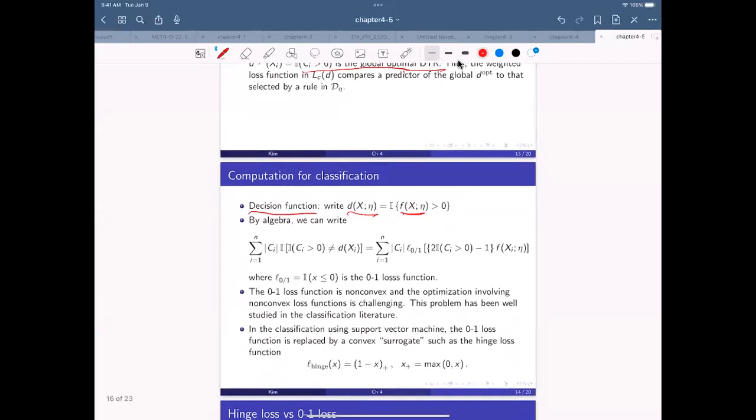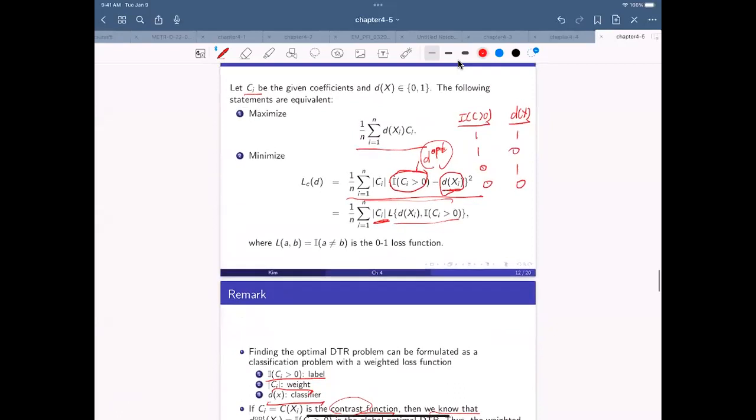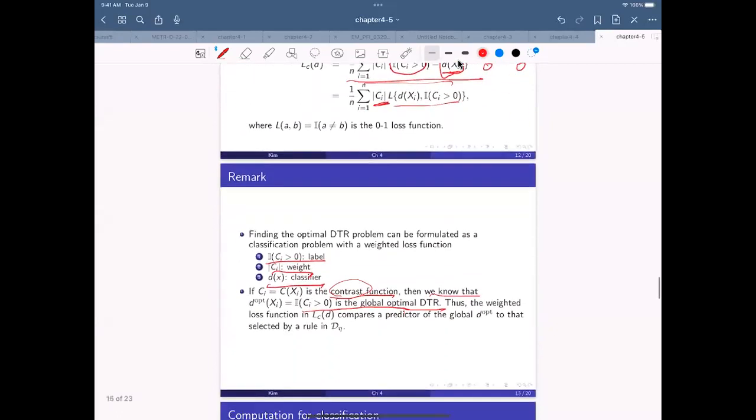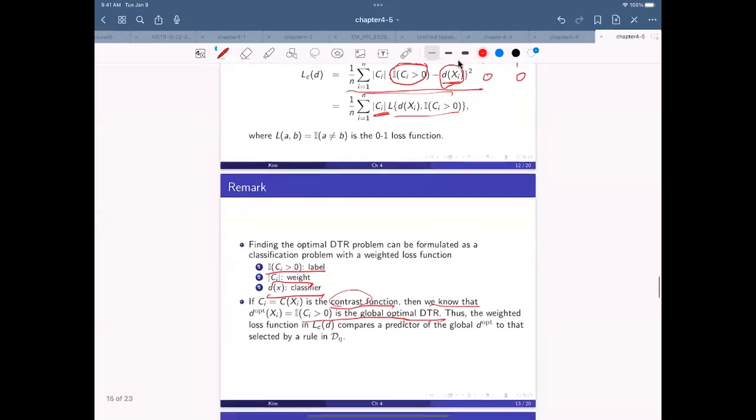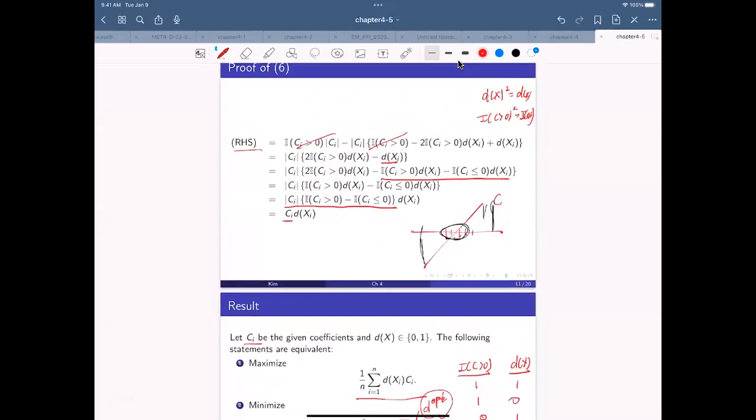So I want to ask a question. Sure. Suppose that for the third method we're talking about, we do not care about the domain. Then the optimal decision rule is just the indicator of, say, larger than 0. You mean this one?